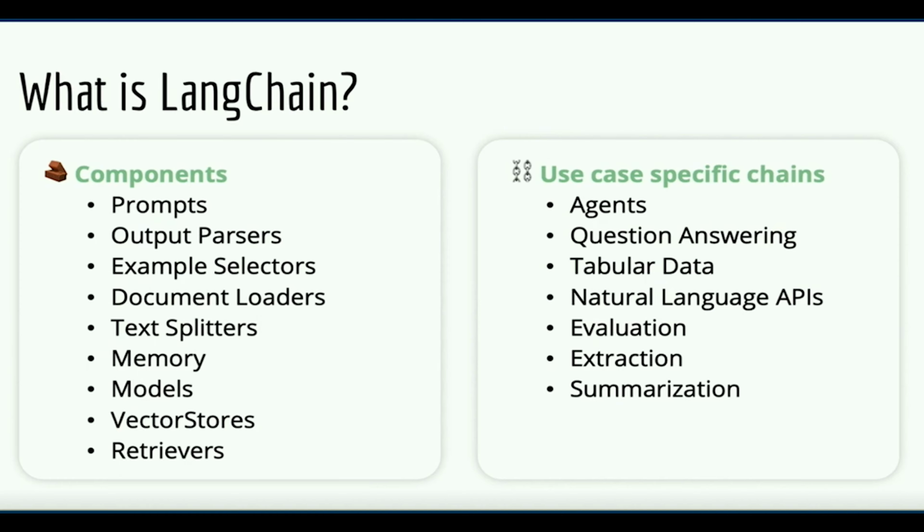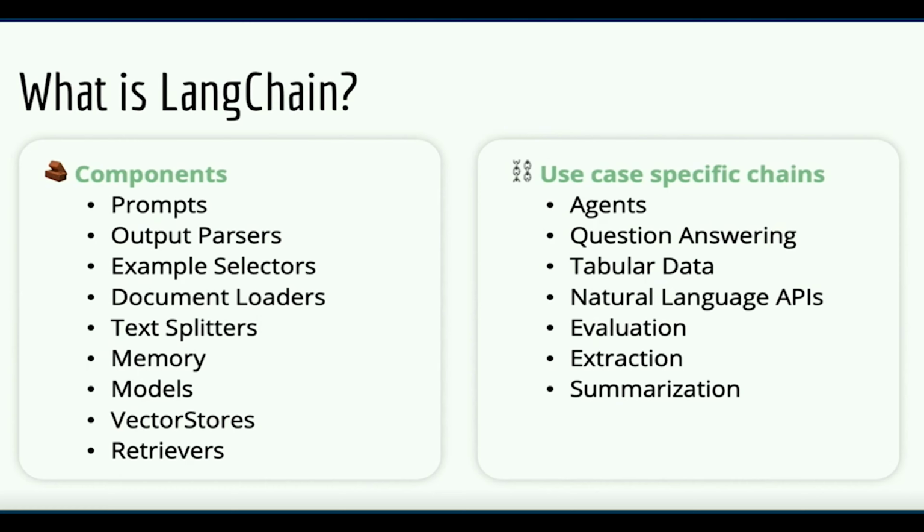It provides memory to store the state between the chain of calls, access to various models, vector stores to store the data in the form of vectors, and retrievers to retrieve the application specific data or domain specific data.